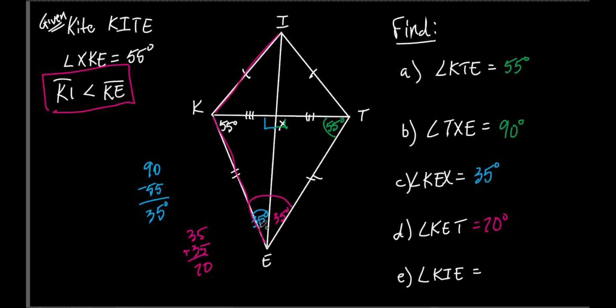Okay? So, let me think. We want to find KIE, this one right here. It's not equal to 35, right? Because these two angles aren't the same.